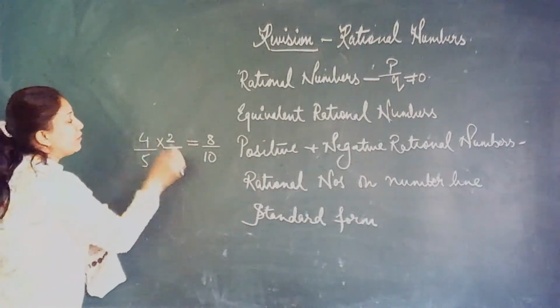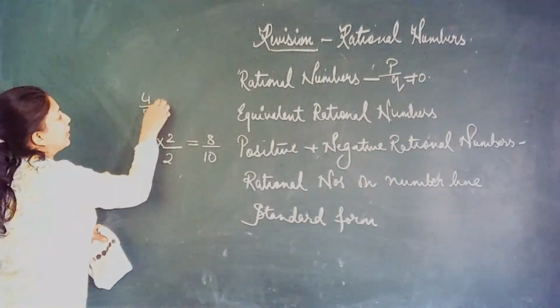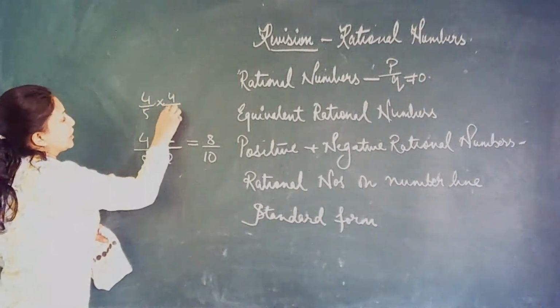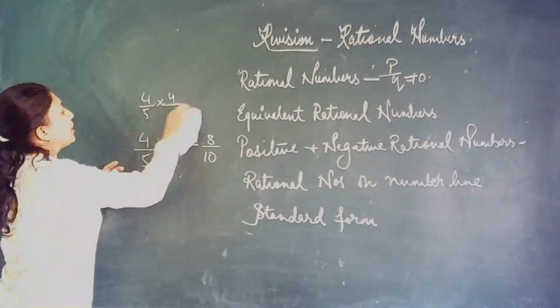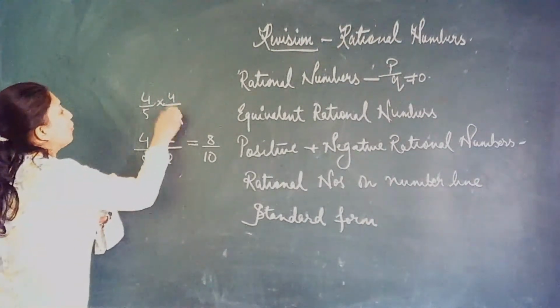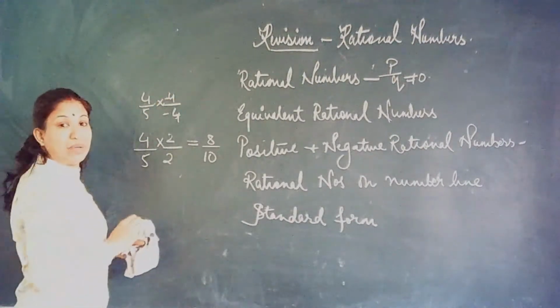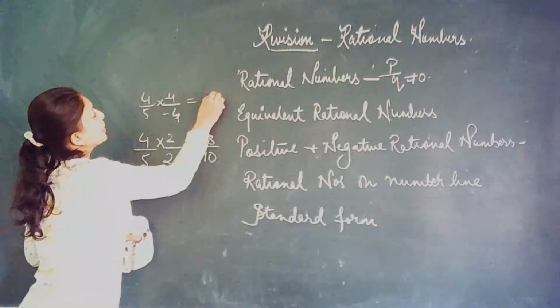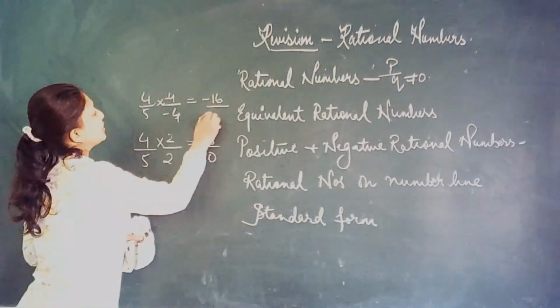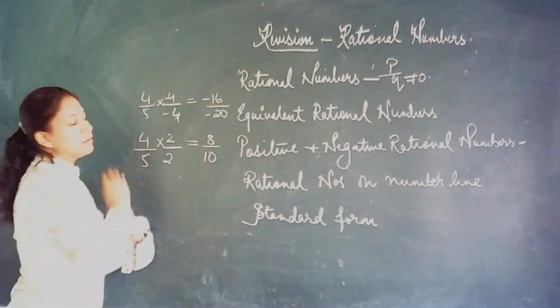Same way, if I multiply 4 and 5 with another number, maybe I multiply and divide it by 4, and this time I am multiplying and dividing by a negative number, minus 4. What will this become? This will become minus 16 upon minus 20.